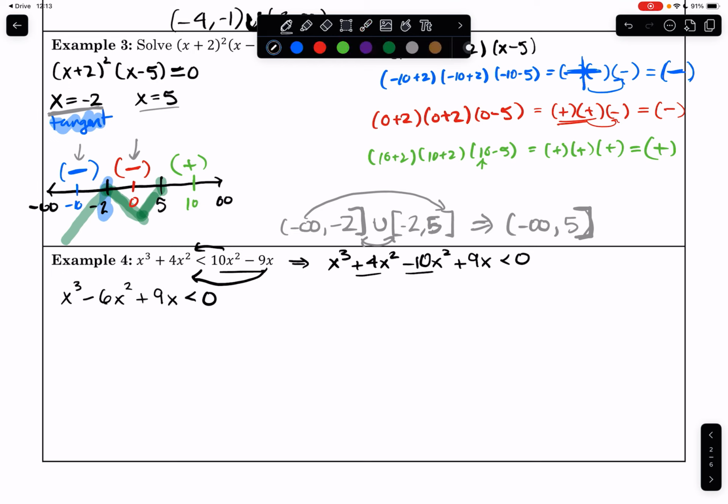So let's look. Okay, so we're going to factor this. Notice that there's a common factor of x. There's an x on every single term. So we'll start by factoring out that x. So x to the third power is now x to the second. 6x to the second is now negative 6x. And positive 9x is now going to simply be positive 9.